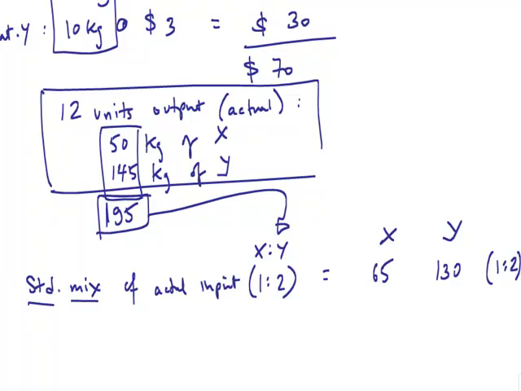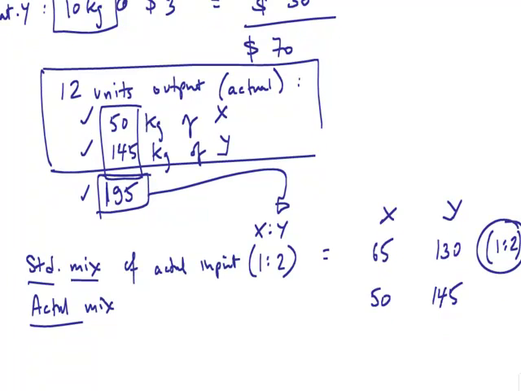Now, the actual mix was, and here we take the 195 and just follow the actual ingredients that were put in: an actual usage of 50 kilograms of X and 145 kilograms of Y. So of the 195 total kilograms, the combination of X and Y varies from the standard.